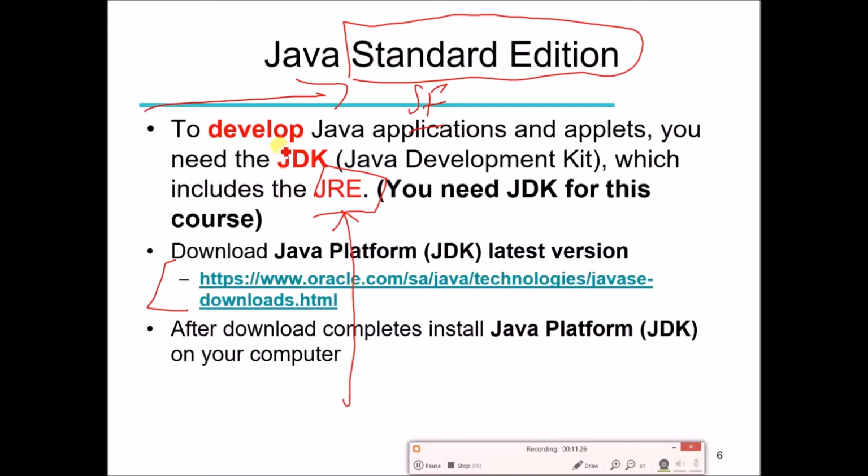But when you download the JDK, you are working as a developer, so the JRE is also included in the JDK. It is also possible that your computer already has the JRE, but multiple versions of the JRE can be on your machine. So it's better that you download the latest version of the JDK, and you will find the latest version of the JRE with it.